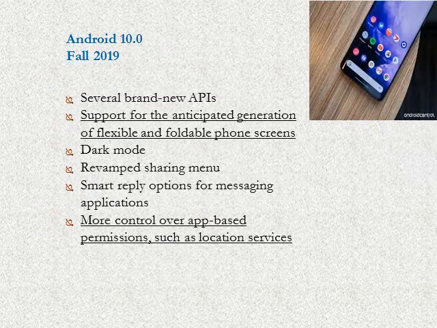So starting from Android 10.0, they dropped the alphabet categorization. Now it's 10.0. It also has very interesting features, and this is one of the directions towards foldable mobile phones. It provides more control over applications, as well as the permissions that they can, or the activities that they can perform on your mobile phones.